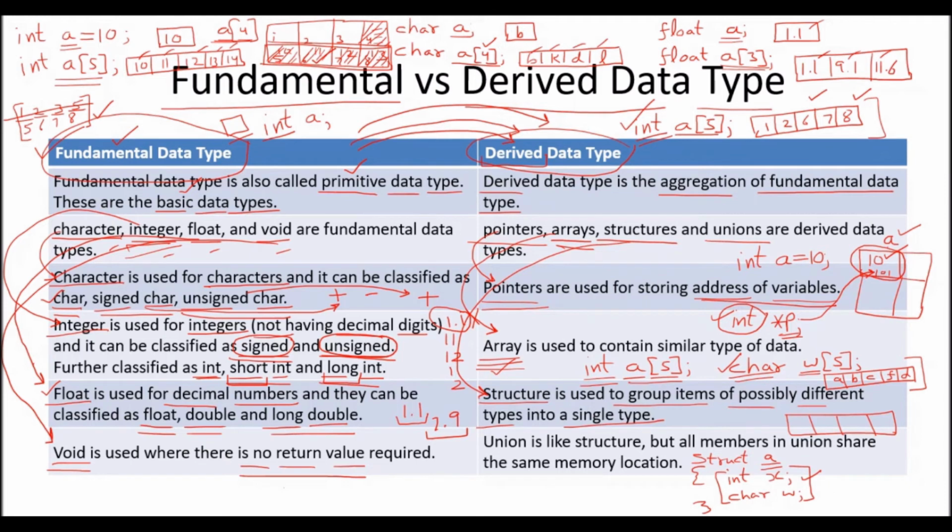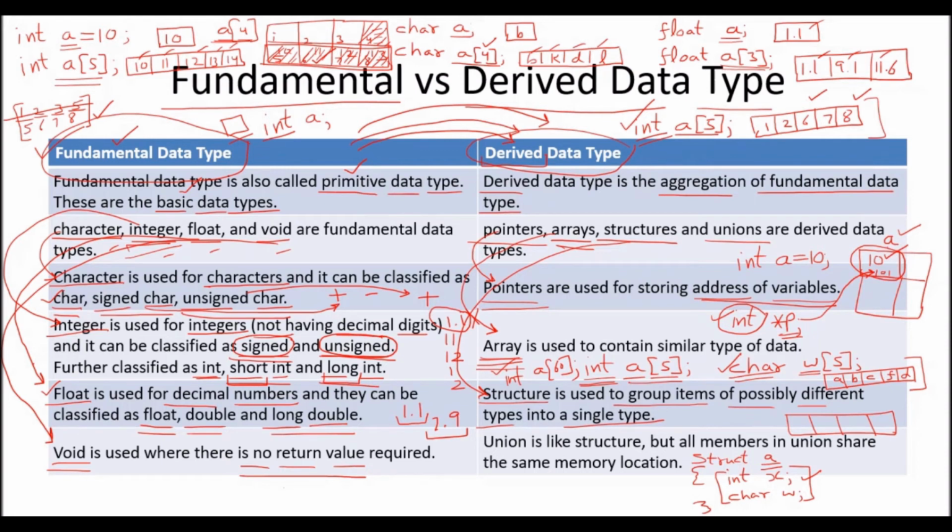Now what is the utility? If I take the example of an array, let us suppose I want to store the marks of 60 students. You know that all the marks will be integer values, so I can simply say int a[60], and 60 marks will be stored. Now this time the scenario is different. Let us suppose I ask you to save the grade of 60 students as well as their marks.